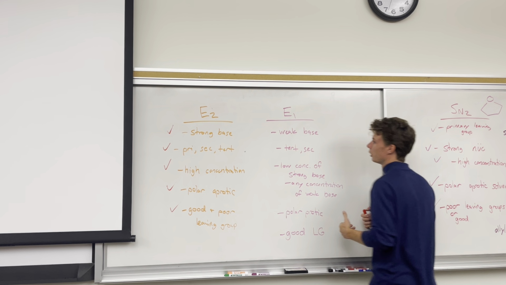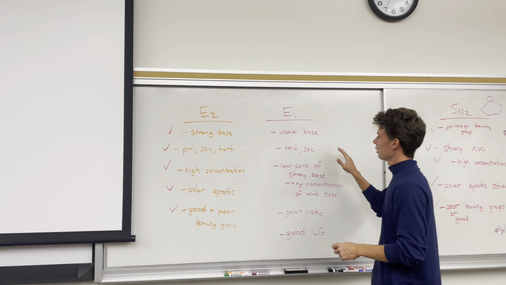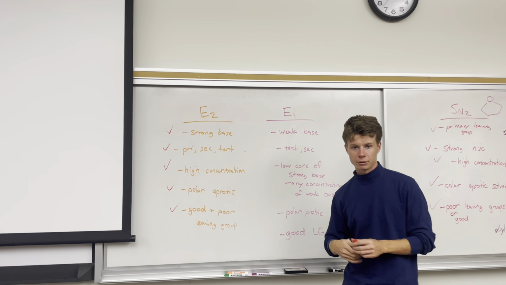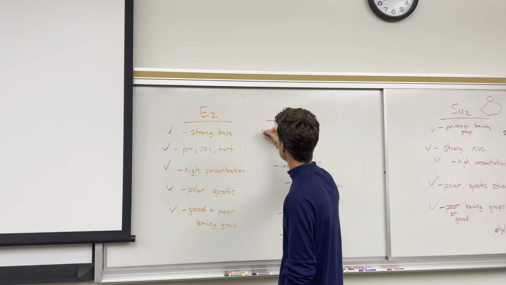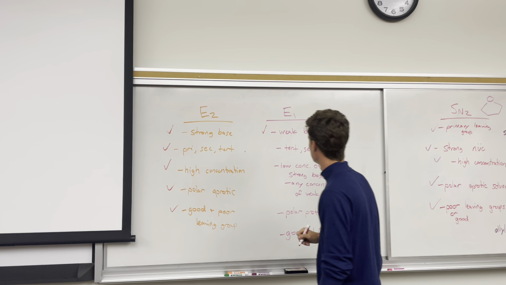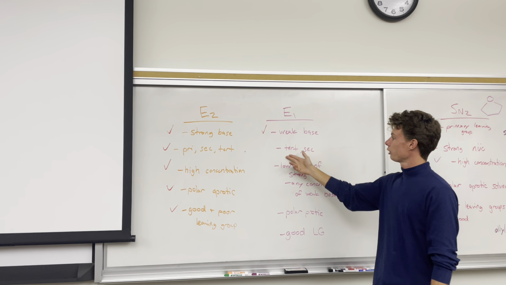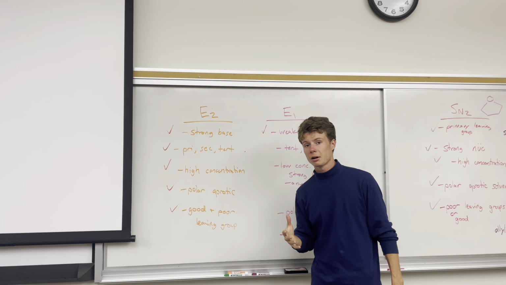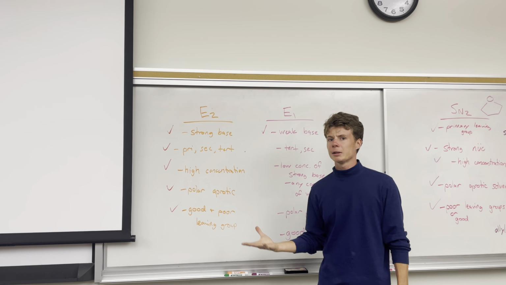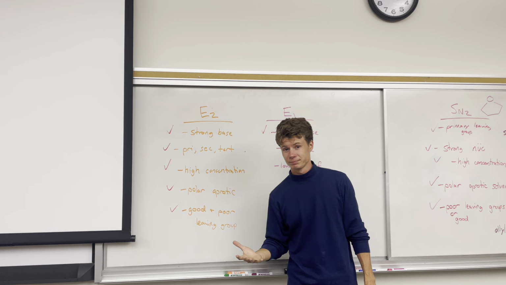E1, let's move on to E1 here, okay? Opposite here, weak bases. Weak bases are going to favor E1. E1's most likely going to happen in tertiary, secondary. Why not primary? Primary carbocations suck.